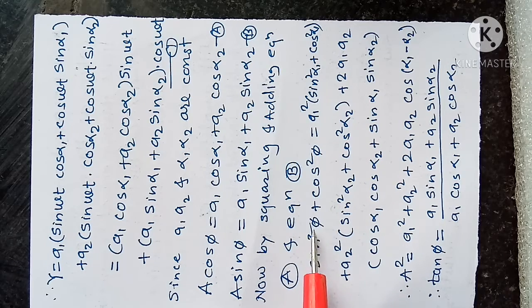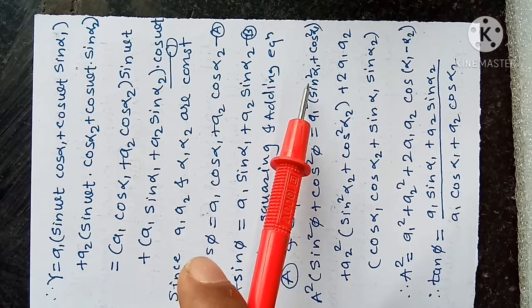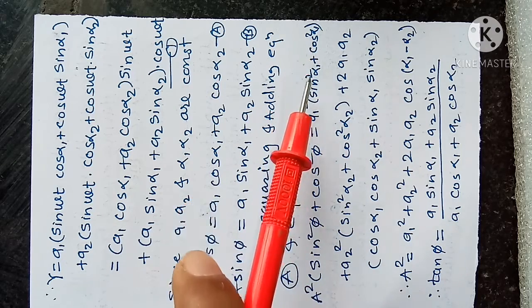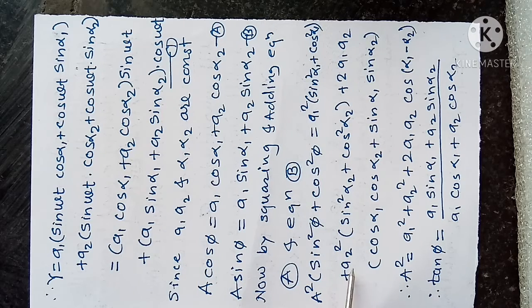Now sin square phi plus cos square phi is equal to 1, therefore the LHS becomes only A square. Also A1 square (sin square alpha 1 plus cos square alpha 1) is equal to 1, and A2 square (sin square alpha 2 plus cos square alpha 2) is equal to 1.